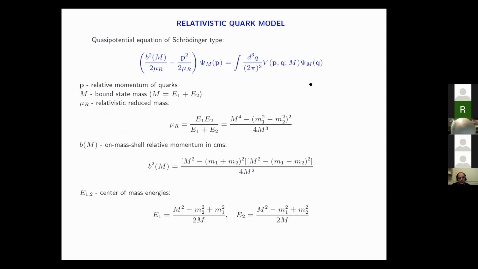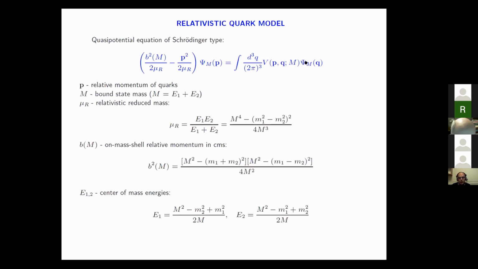And although it resembles the usual Schrödinger equation, it's significantly more complicated. It contains relativistic kinematics, which is on the left-hand side. Here we see a very non-trivial dependence on the bound state mass, which enters through the relativistic reduced mass here, and the on-mass-shell relative momentum p here. And the relativistic dynamics is on the right-hand side.